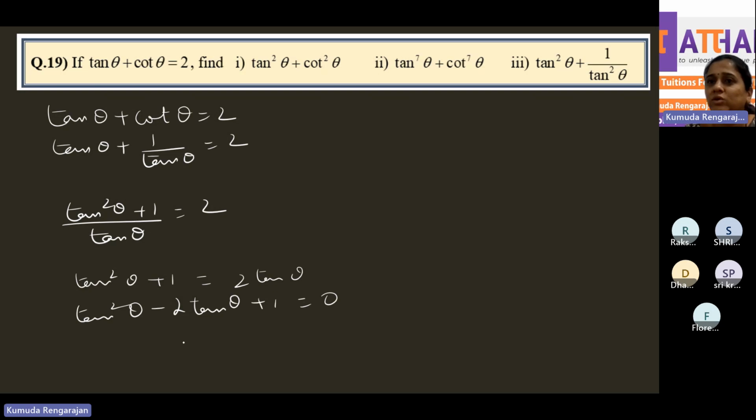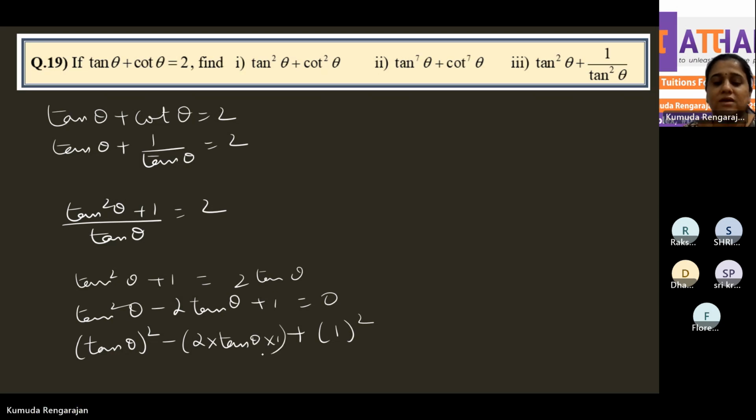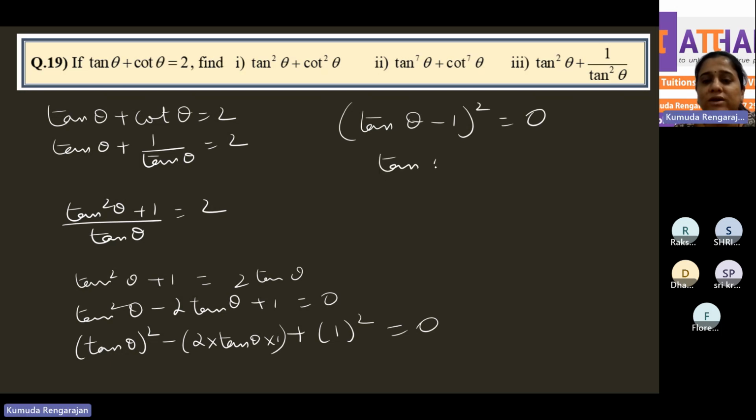Now, how does this look to you? Yeah, a minus b the whole square: a square minus 2ab plus b square. Here a is tan theta and b is 1. So this is nothing but tan theta minus 1 the whole square is equal to 0. Correct? So tan theta minus 1 is equal to square root of 0, which is 0.